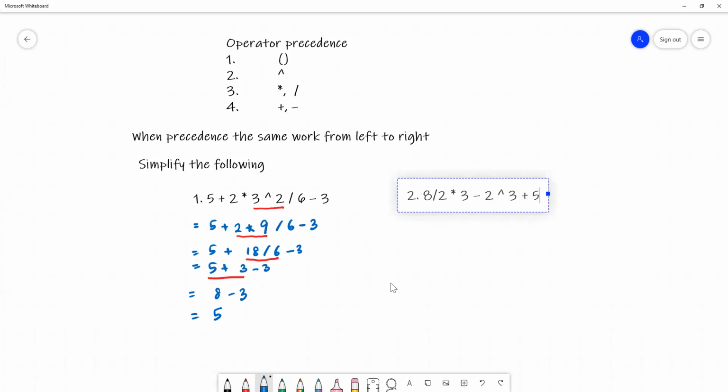Take down this first, work on this one, and send me the answer in the chat. You have disabled the chat. Okay, I will enable it. So, okay, I have enabled the chat.